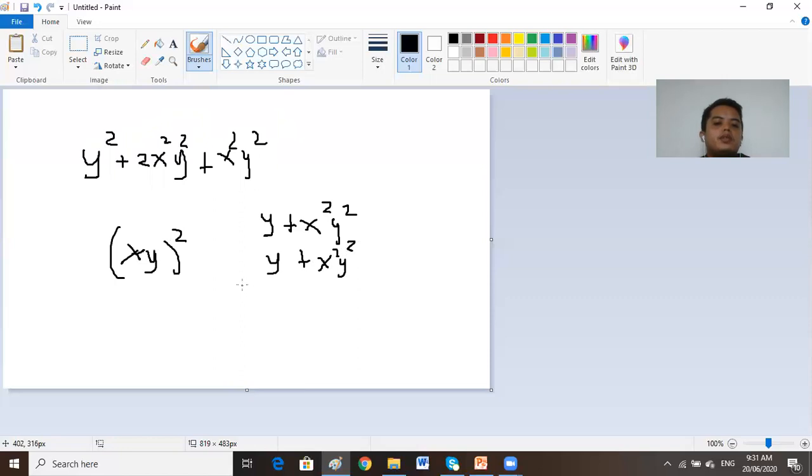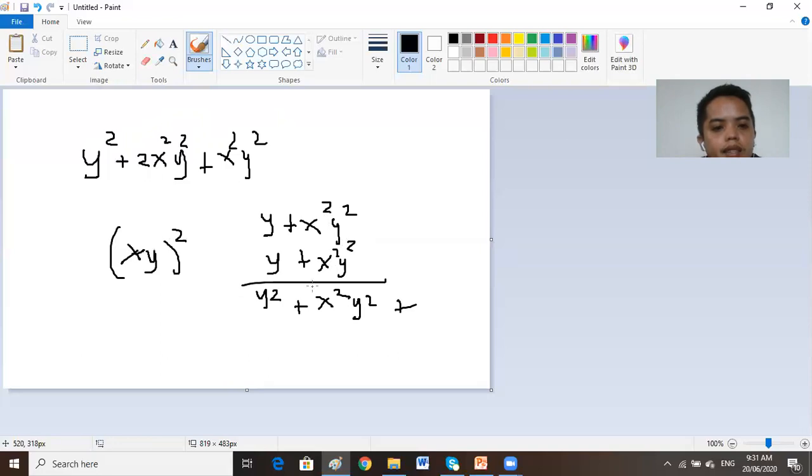That makes it a perfect square trinomial, the same factor. So check y squared plus x squared y squared. Divided by 2, that is x squared y squared.